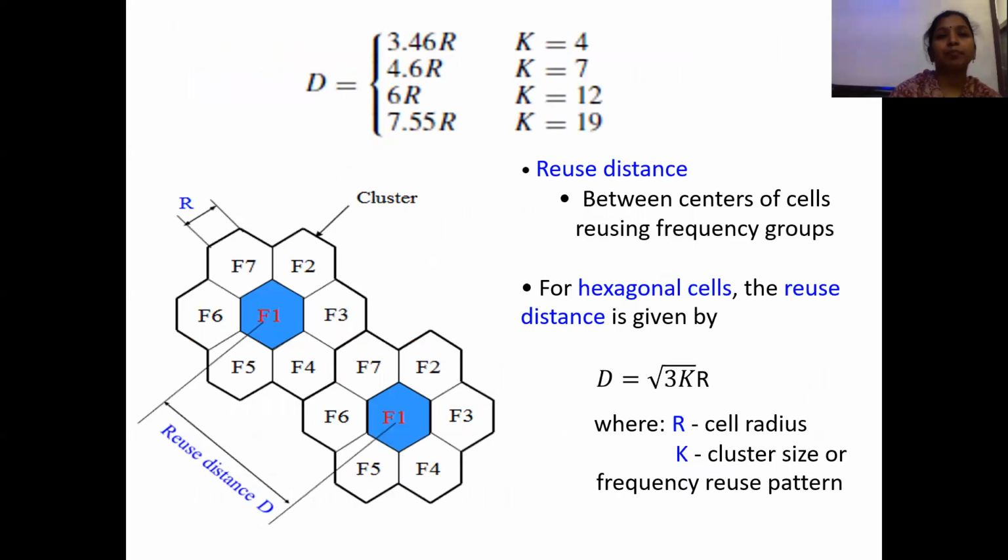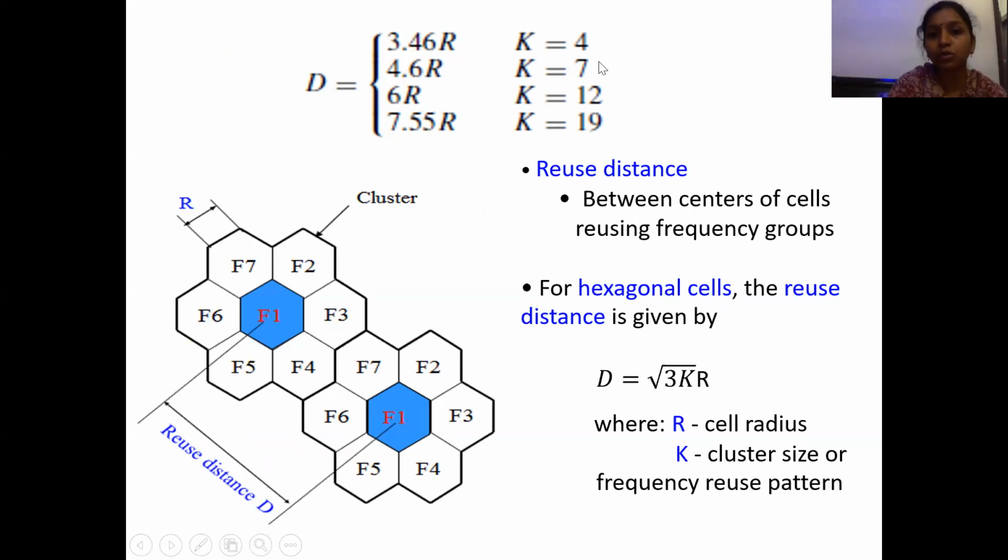Here you can see the distance for K equal to 4. K equal to 4 means the number of frequencies is 4, and these 4 frequencies are repeated. We call these 4 frequencies a cluster. Similarly, for K equal to 7, a cluster is a group of 7 frequencies.